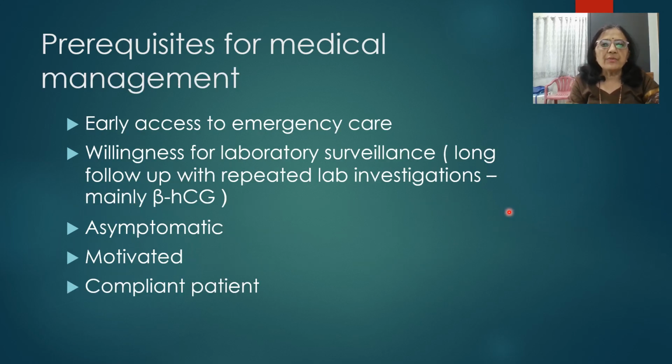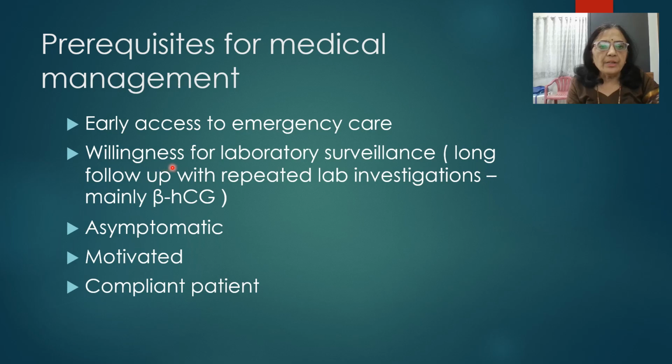There are certain prerequisites for medical management, such as patients should have easy or early access to emergency care, as when your patient is on medical treatment, there is always a small risk that the unruptured ectopic can suddenly go for a ruptured variety where the patient will need emergency care.